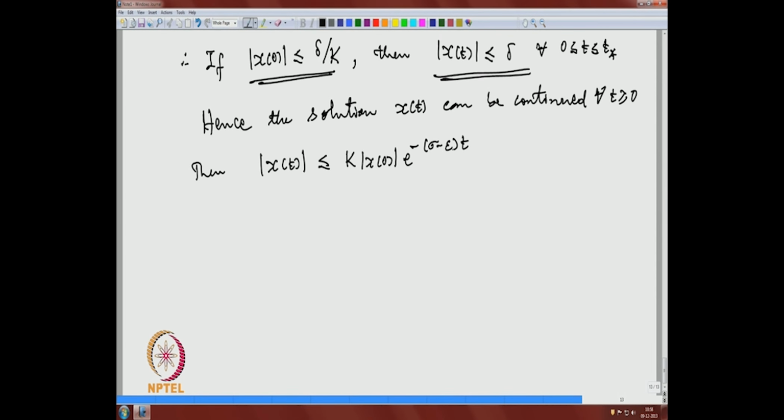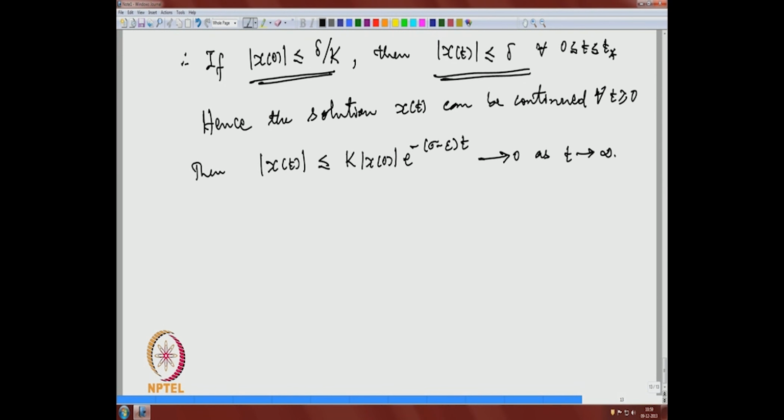So, we have already chosen that epsilon is less than sigma. So, that goes to 0 as t goes to infinity. Okay. So, thus we have proved both our claims 1 and 2, and that completes the proof of Perron's theorem.